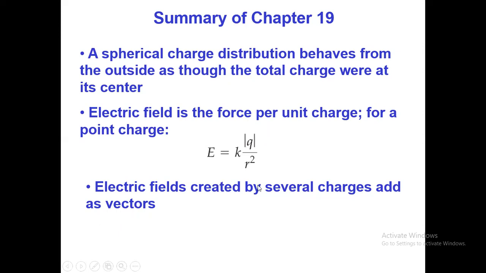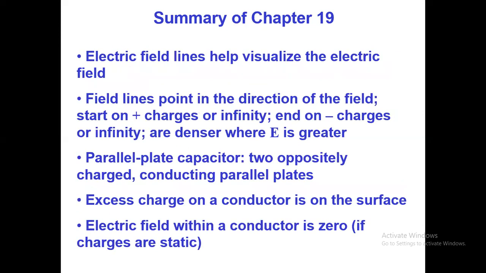Electric field created by several charges adds as vectors. So the multiple lines of forces, in terms of arrows, we can see in previous slides, that a positive static charge can send electric lines of forces into a region which we are going to study. So electric field lines help visualize the electric field.